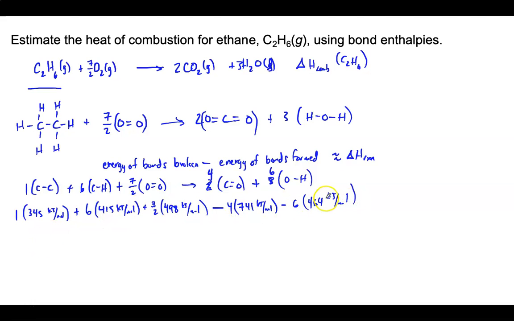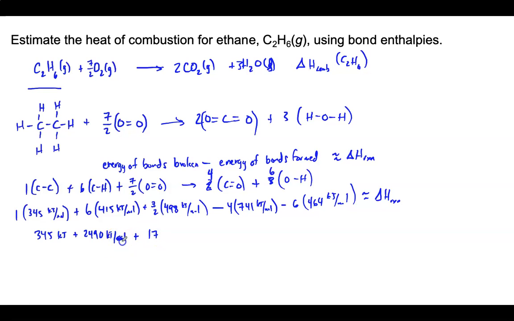Okay, so this is approximately my delta H. So I'm going to do this. So this is 345 kilojoules plus 6 times 415, which is 2490 kilojoules per mole, plus 7 halves times 498, which is 1743.